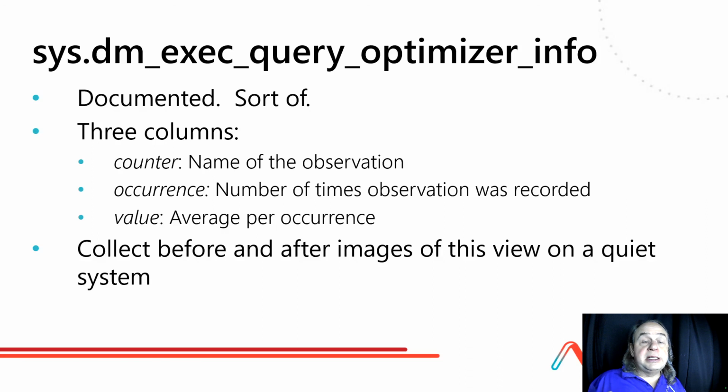The way to do this is you need to be on a very quiet system, probably a dev system, preferably one that nobody else is using at the time. You capture the contents of this DMV before you run the query, then you run the query, and you capture the contents of the DMV afterward, and then do a difference between the two. If you do that, you can see what happened just during that single optimization. So that's some interesting and useful information.